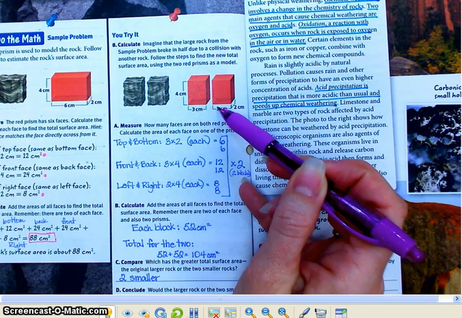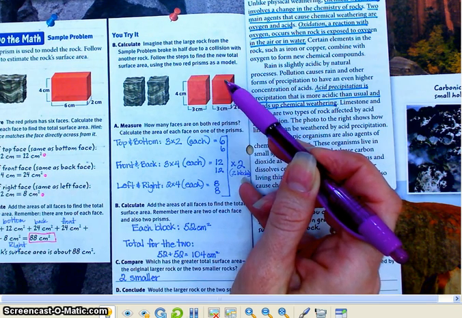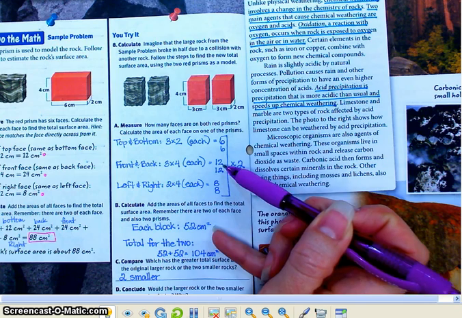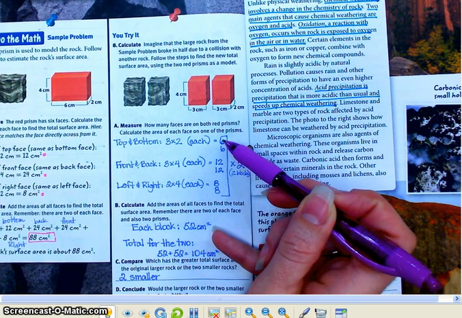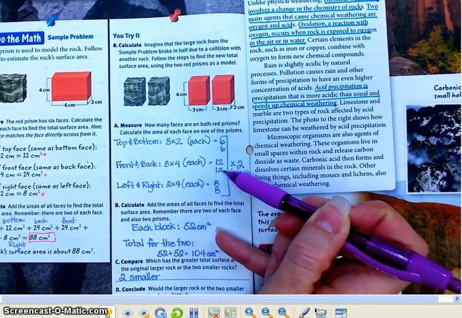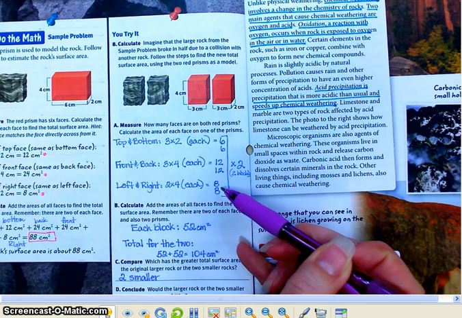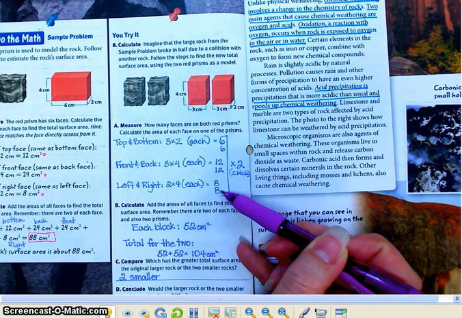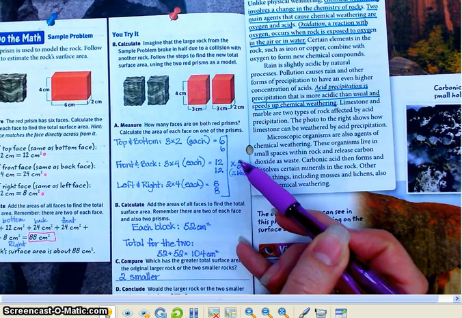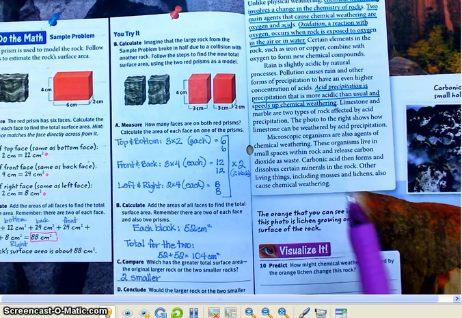The front and the back is 3 times 4. So we've got top and bottom, front and back, 2 times 4, left times right. But that's only for 1 block, so we have to multiply all of that by 2 because there's 2 blocks.